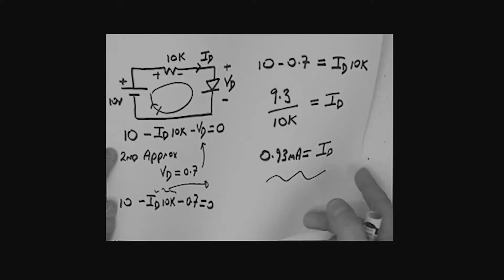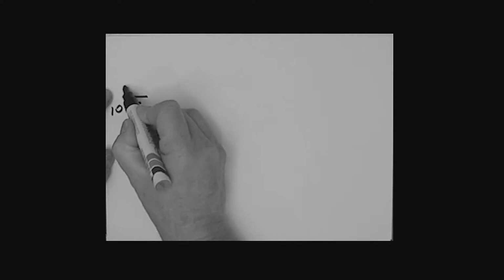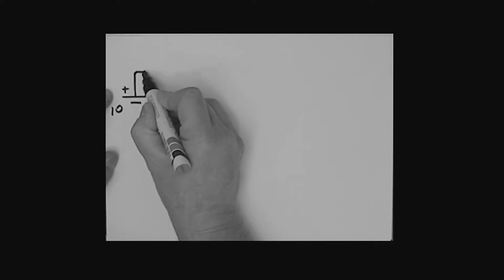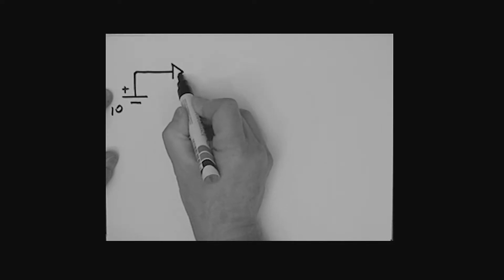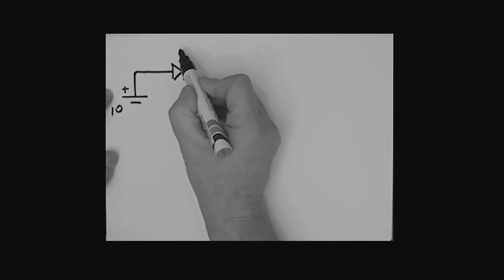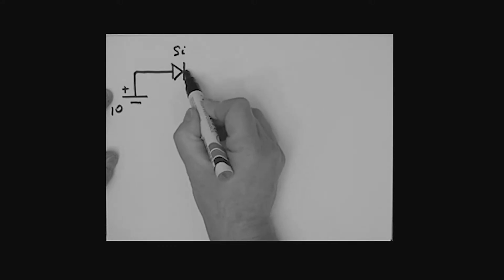Let's consider another example, slightly more involved. The circuit that we'll now deal with is this one. We've got a 10-volt source here. We've got our silicon diode, so we'll say this is a silicon diode here.